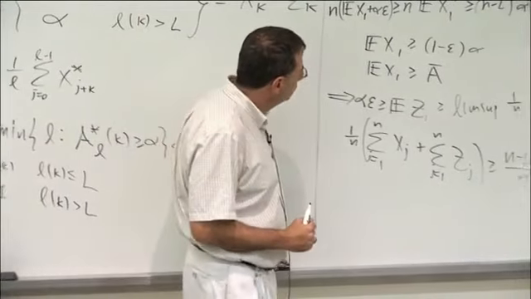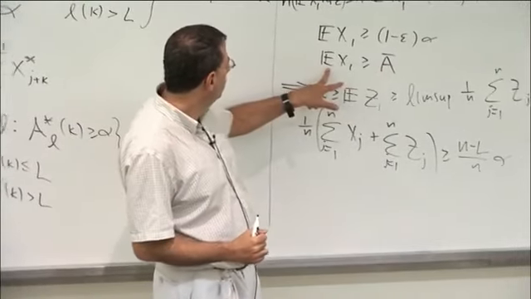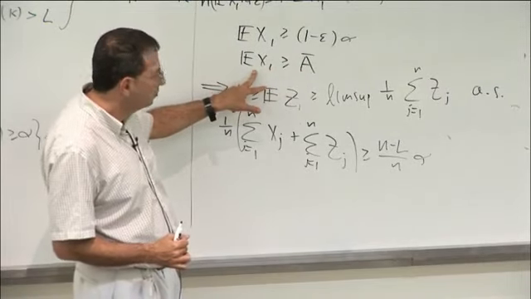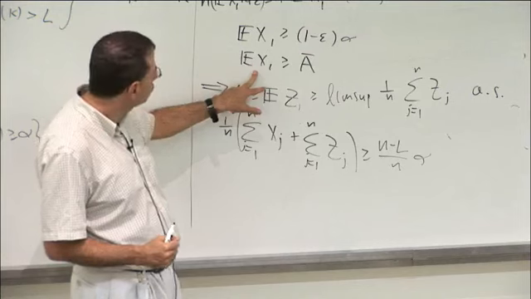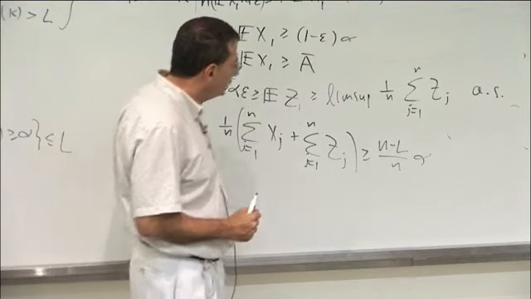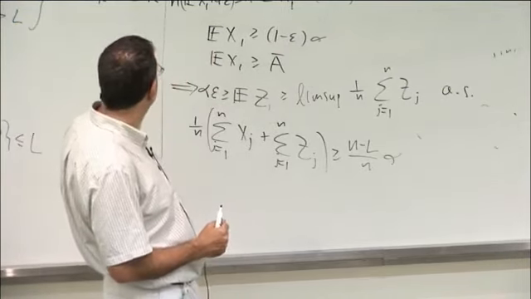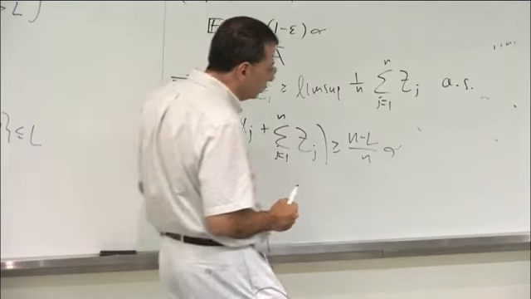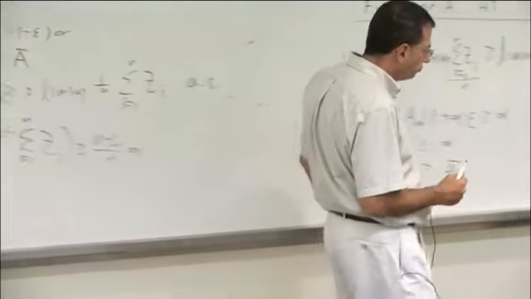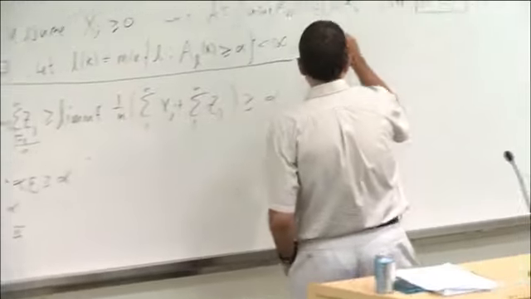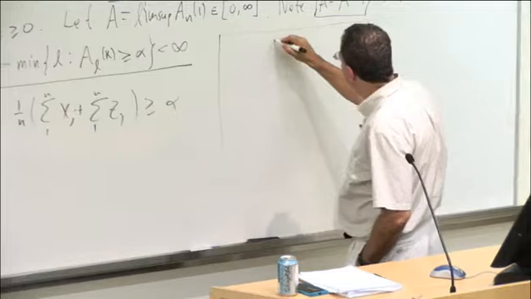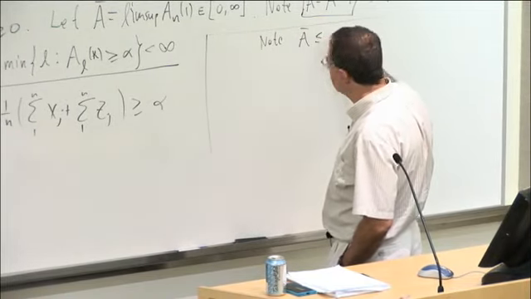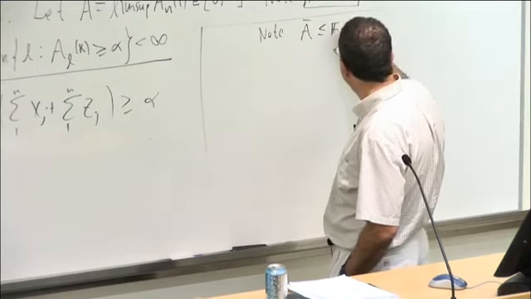So here I guess I've explained why a bar is at most the expectation. I didn't say why a bar is at least the expectation. So this is the final note. This is the fact that it's at most the expectation we've proved.